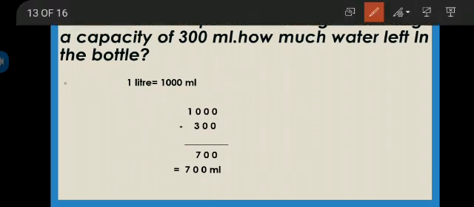Students, you know that 1 liter is equal to 1000 milliliter, and after pouring the water into a glass whose capacity is 300 milliliter, the water left in the bottle is 1000 minus 300. 0 minus 0 is 0, 0 minus 0 is 0, 10 minus 3 is 7. They will get 700 milliliter of water left in the bottle.